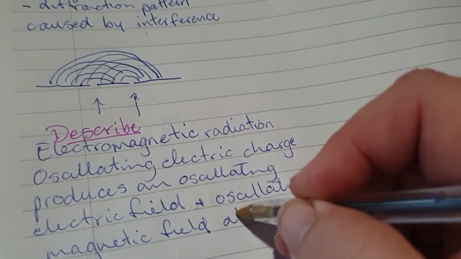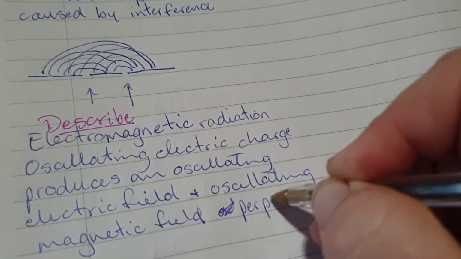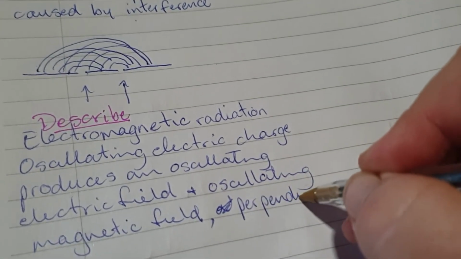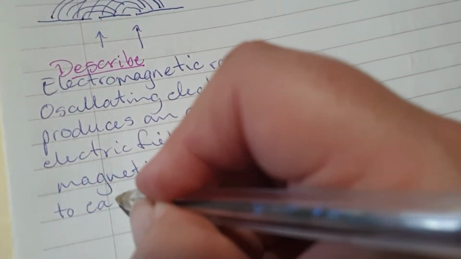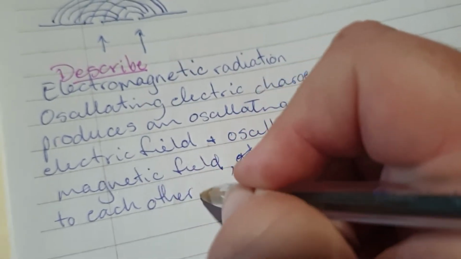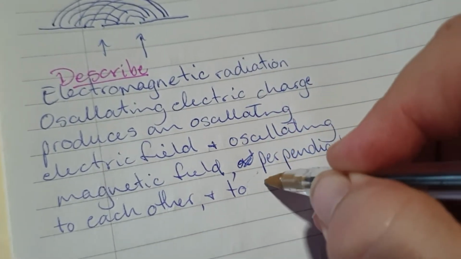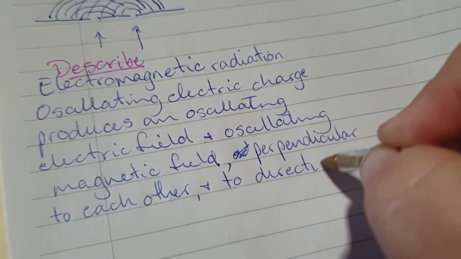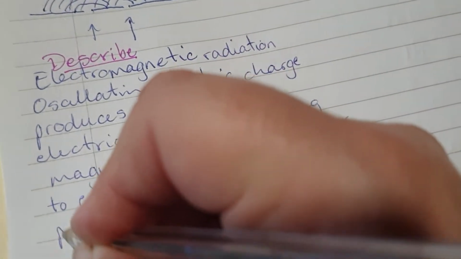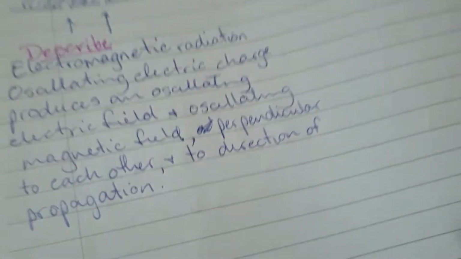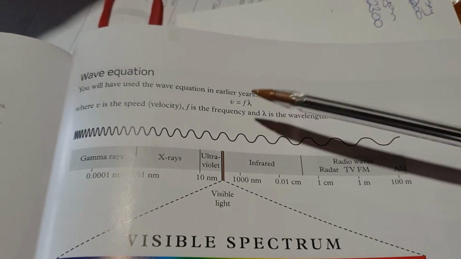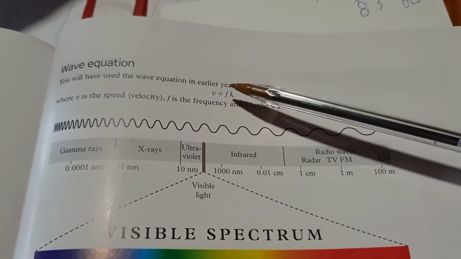And they are perpendicular to each other and to the direction of propagation. So then we've got v equals f lambda. That's the wave equation.